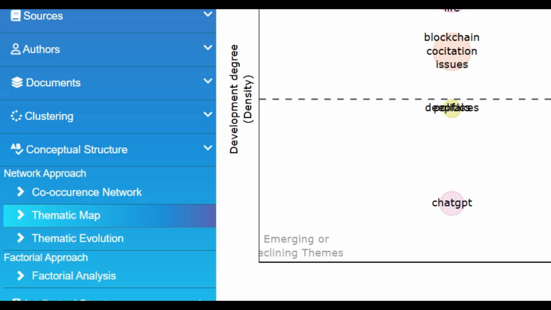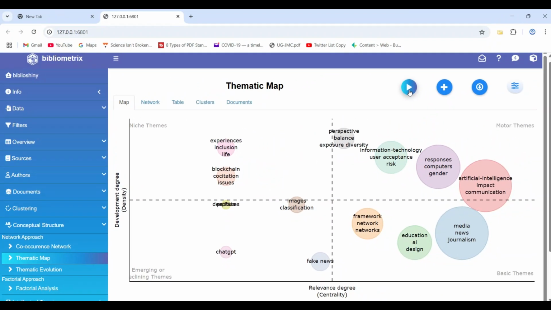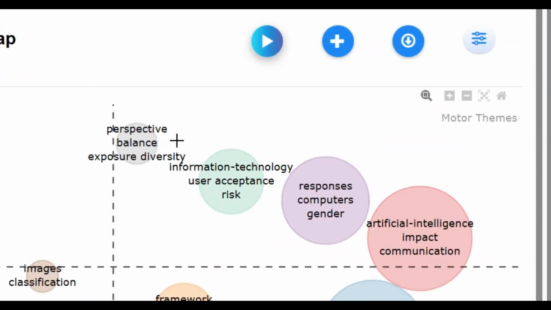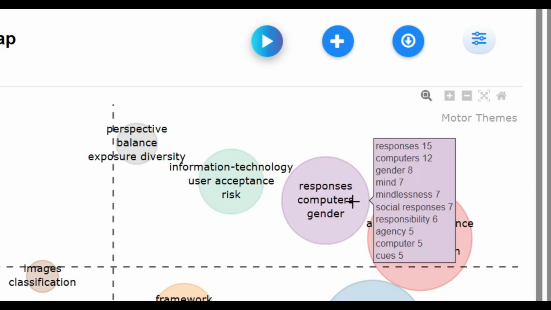We can go for this thematic map, and that's very important. So this represents a thematic map which categorizes word clusters based on their centrality and density. So if we see this one, this is high centrality and high density. So they are well developed and central themes in the field, the hot mature topics.